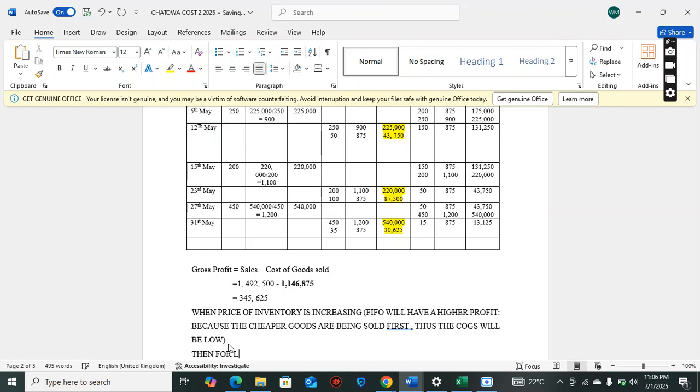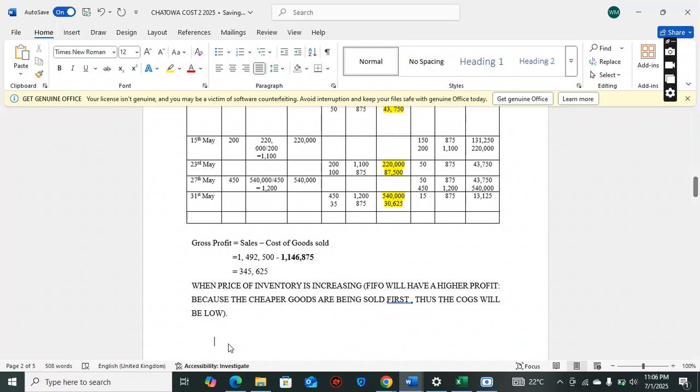Then for LIFO, the profit will be lower because the latest goods, which are more expensive, are sold first.